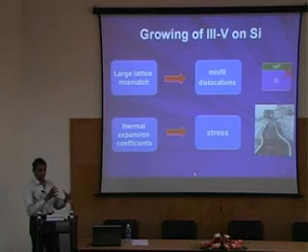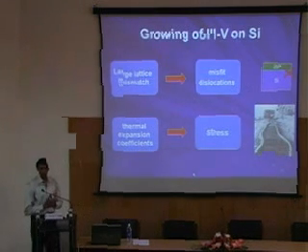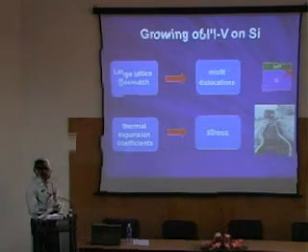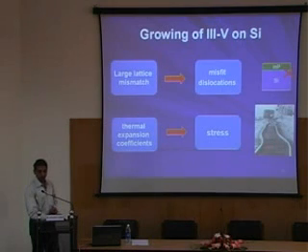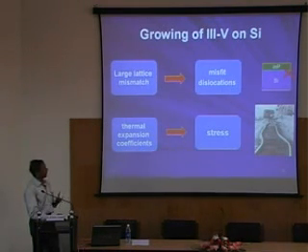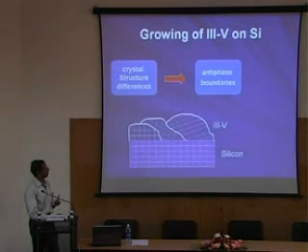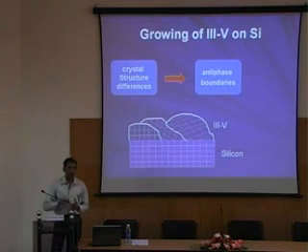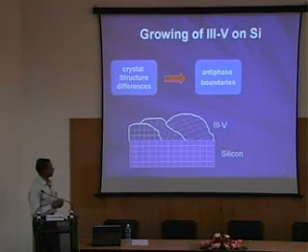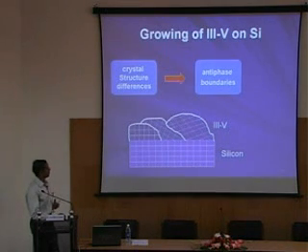There is also a difference in the thermal expansion of these materials, so it can create stress. I have shown an example of how stress can deform the materials, and that will again create defects in your circuits. Therefore, with conventional CMOS technology, it is extremely difficult to grow 3-5 compounds on the silicon wafer. You will not be able to get good devices.